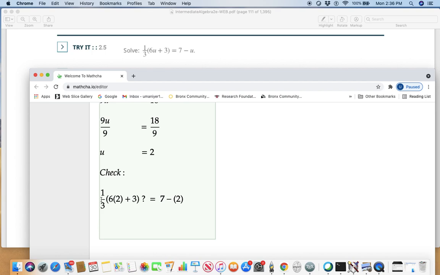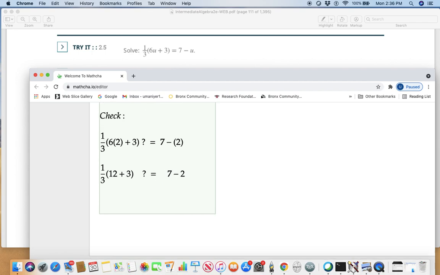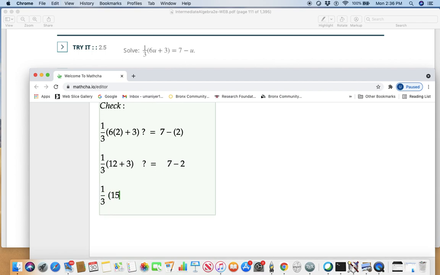Parentheses first, so I'll leave the 1/3 outside. Inside the parentheses, multiplication takes precedence. 12 plus 3 question equal 7 minus 2. 12 plus 3 is 15, so 1/3 of 15 question equals 5. 7 minus 2 is 5. 3 goes in 15 5 times.